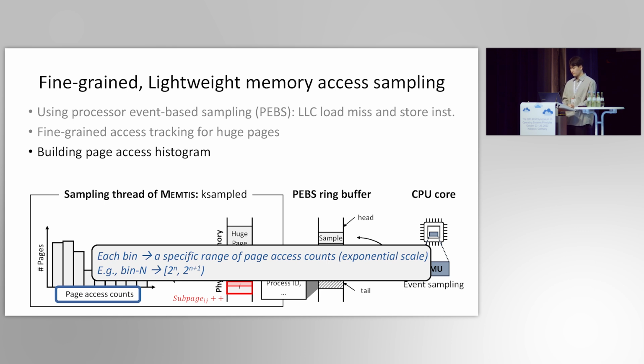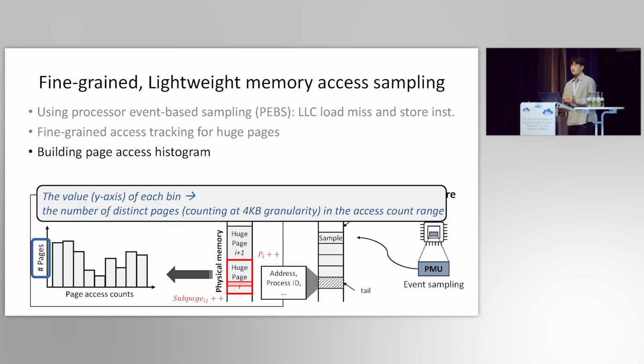The value of each bin denotes the number of distinct pages in the access count range. Thus, we can know the total number of pages which have a specific range of access counts through this histogram.